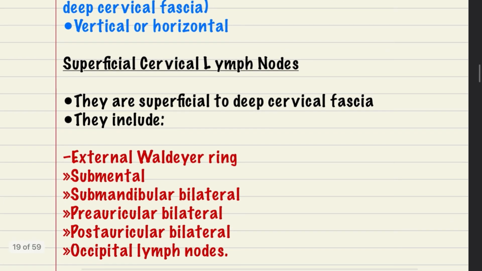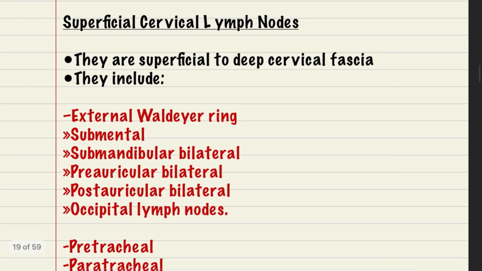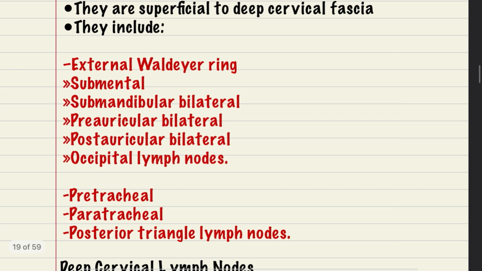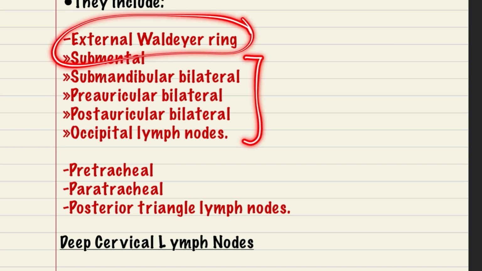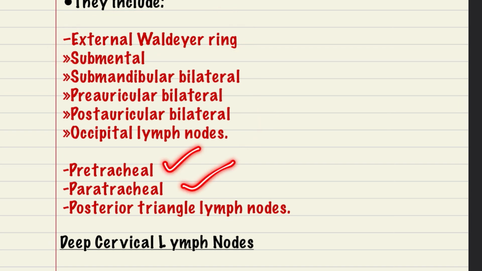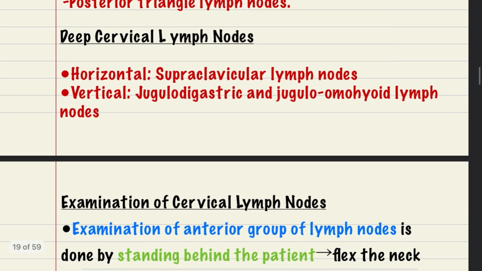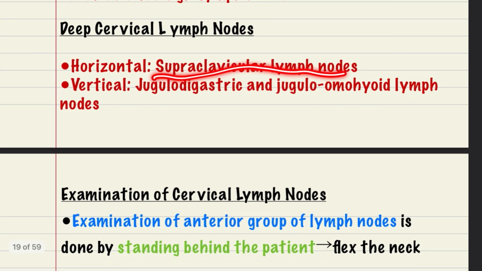The superficial cervical lymph nodes, which are superficial to the deep cervical fascia, include the submental, submandibular, preauricular, postauricular, occipital. These are all under the external Waldeyer's ring. Then we have pretracheal, paratracheal and posterior triangle lymph nodes. In the deep cervical lymph nodes, the horizontal ones are the supraclavicular lymph nodes. In the vertical, we have the jugulodigastric and jugulo-omohyoid lymph nodes.